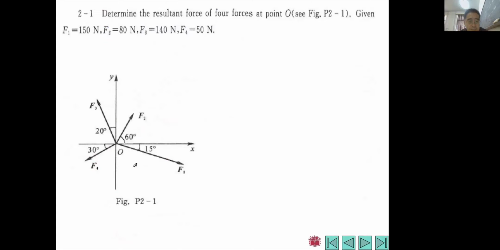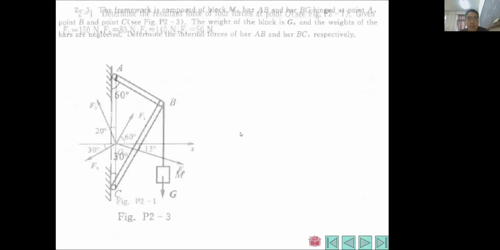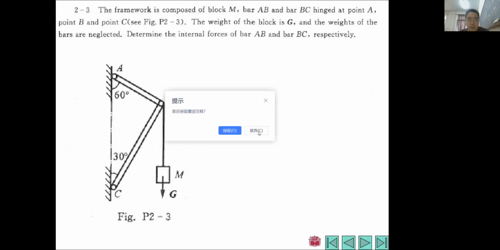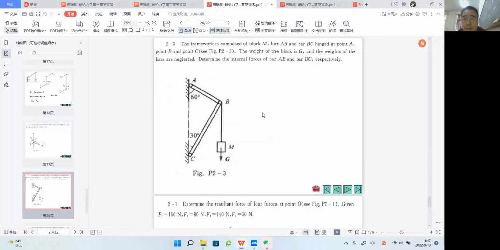So you can see actually this one is more like the example we have learned together, the first class of today, right? So this is your homework. And this also is your homework.